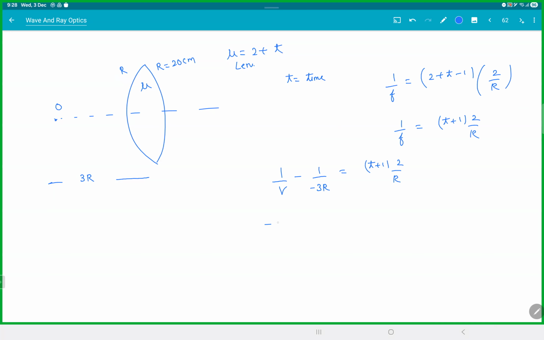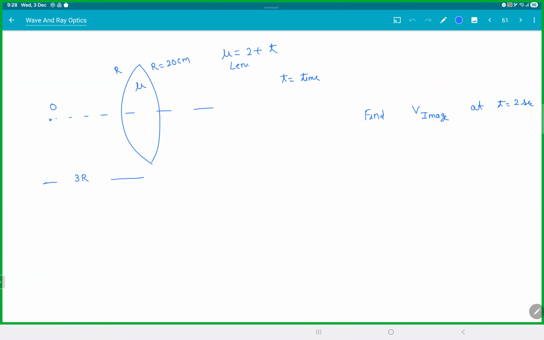Differentiate it. Minus 1 by v square dv by dt is equal to 2 by r. There, the dv by dt is your velocity of the image. The lens is not moving. You know the value of r, you know the value of v, you can find it at t is equal to 2 seconds. So we get everything.